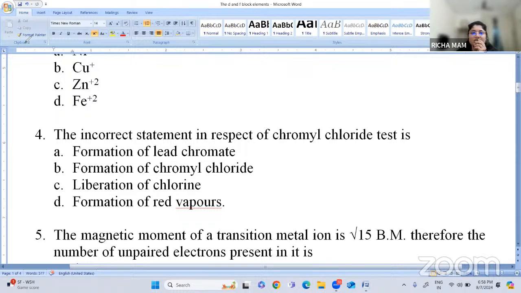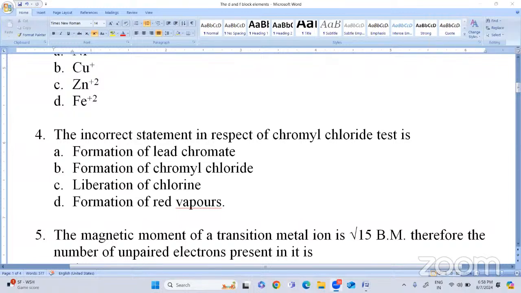So you might have done this chromyl chloride test. Did you start with the salt analysis in your college? Did you start with the laboratory practicals? Or even in the first year you might have studied it, but you might not have done this test. So what is this chromyl chloride test?